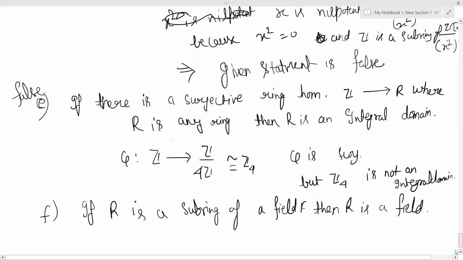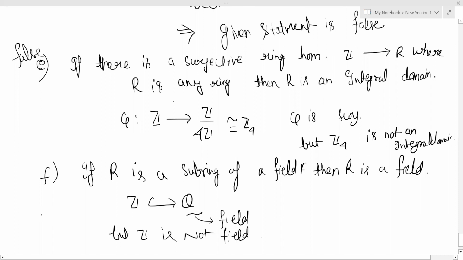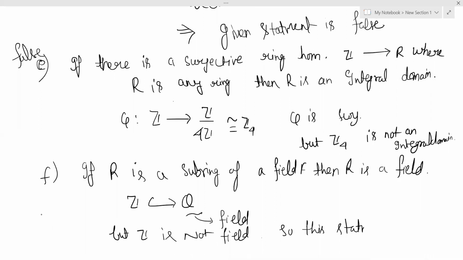How will we do this? Take, let's say, Z. Z is a subring of Q. Q is a field, but Z is not a field. So this statement is not true, right?